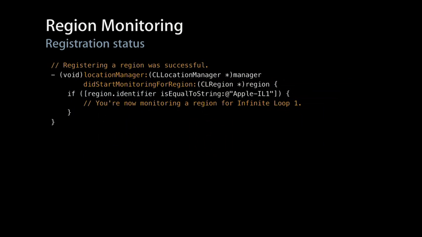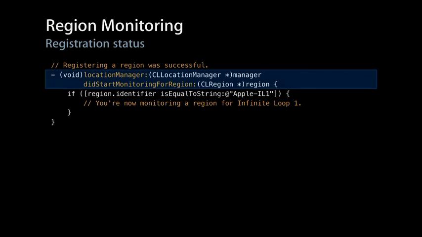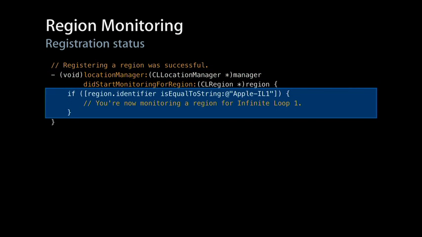If the region was successfully registered, you will get the location manager did start monitoring for region callback. You can then check that identifier property of the region object and see which region was registered with the OS so that you can update your UI if needed.